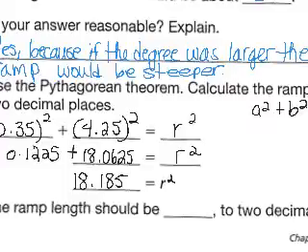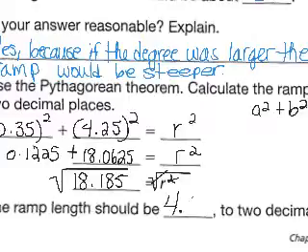We have to square root it in order to find out what r is by itself. So we're going to square root it on both sides of the equal sign. So the square root of 18.185 is going to give us the answer of 4.26. So that's what the length of the ramp should be in meters.